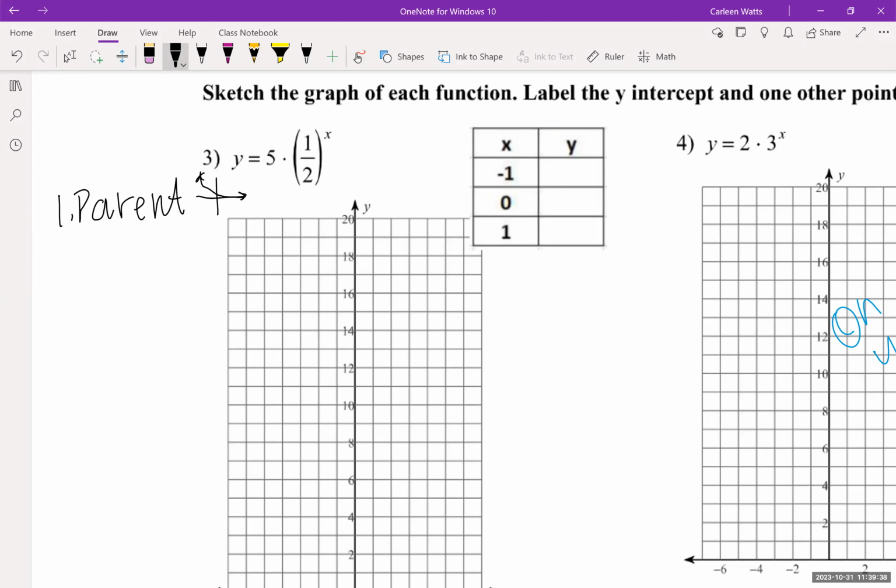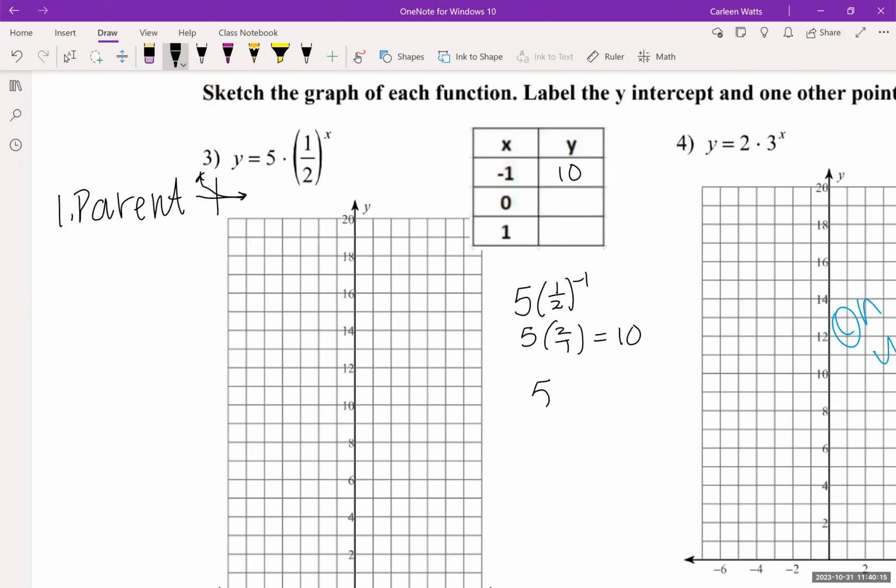So now let's make a table. So plug -1 into the table. Can anyone predict? Can anyone see what's going to happen? What's that negative exponent going to do to the 1/2? Oh, flip it. Yeah. Can you see that this is going to be 5 times 2/1, which is 10.